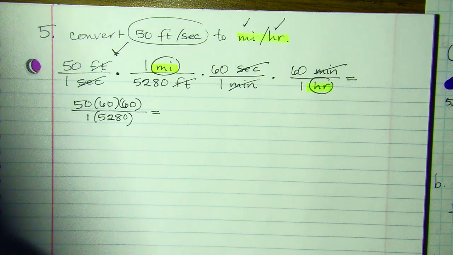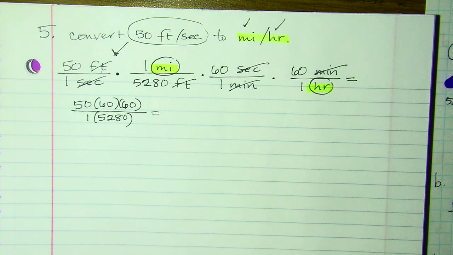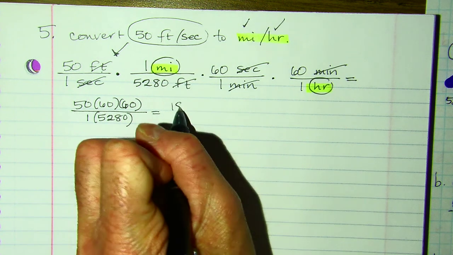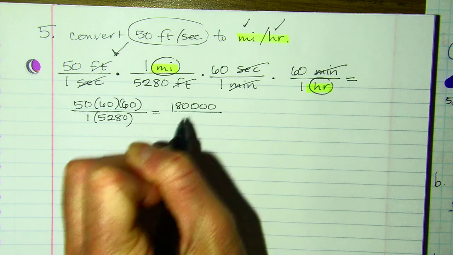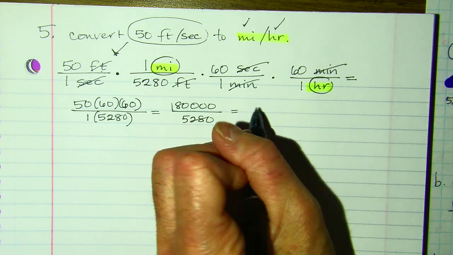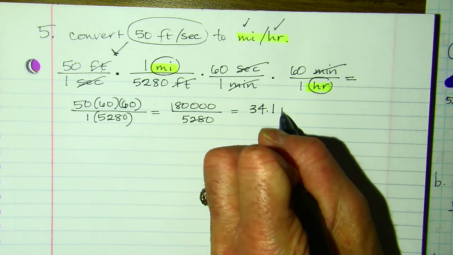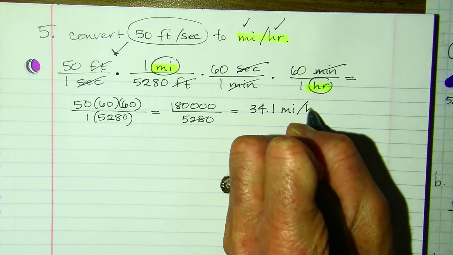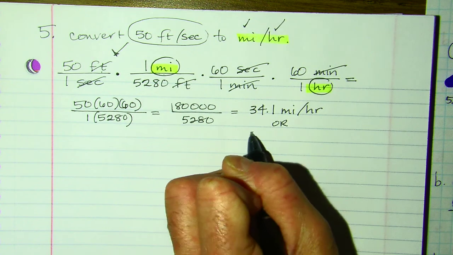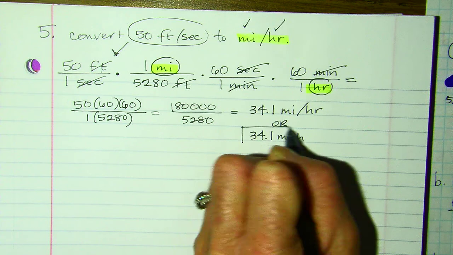Okay, that gives me, I did not write this all out, 50 times 60 times 60 gave me 180,000 divided by 5,280. And I got 34.1. And I'm going to write the dimensions I have left. Miles per hour. Or what we're more familiar seeing is MPH, miles per hour.